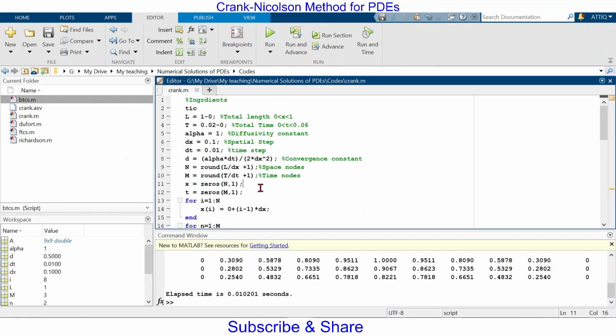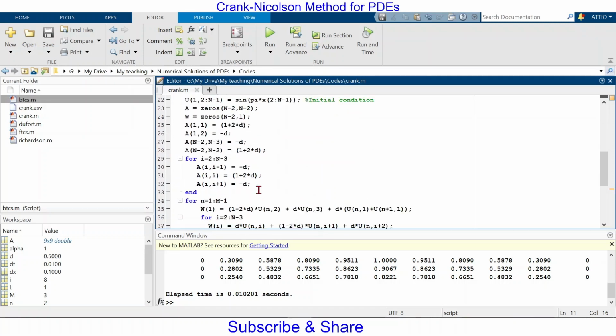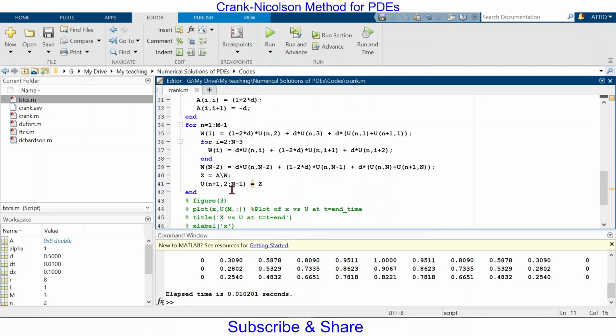Okay, let's say we want to save the computational time and we do not want to solve this system of linear equations using a backslash w command. This command might be performing more operations and consuming more time, so that's why we will be using LU decomposition or Thomas algorithm.